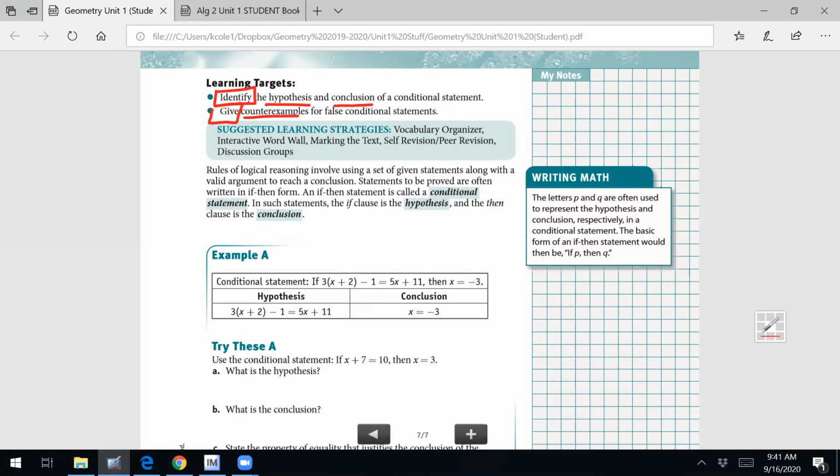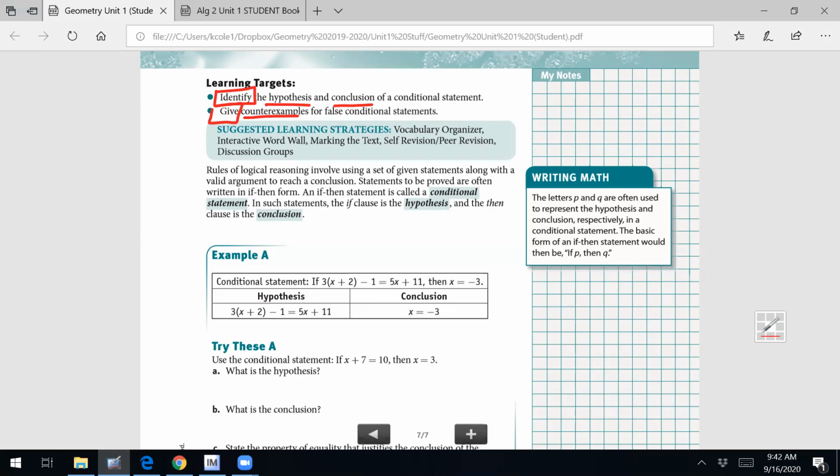You're going to add this idea to your bank of what you know, and then we will refer back to it several times throughout the year. Okay. All right. So if we look at that first paragraph, it says rules of logical reasoning involve using a set of given statements along with a valid argument to reach a conclusion.